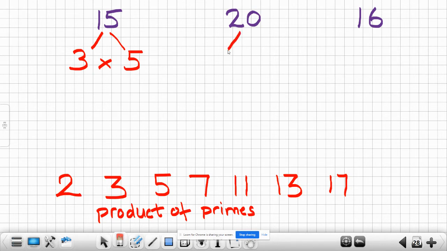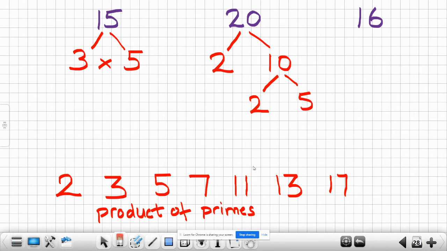20. Well, we could split that up into 2 times 10. So 2 is definitely prime. 10 isn't. So that means we must be able to break 10 up into products of primes. Well, 10 could be 2 times 5.